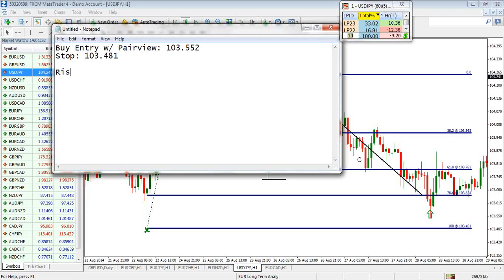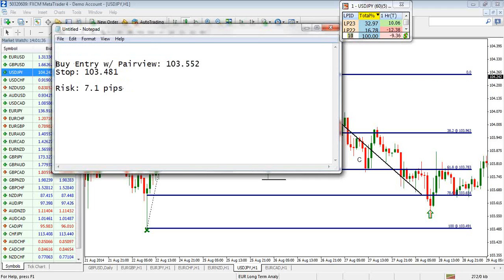The risk on this trade, even though it was off the 1 hour charts, was only like 7.1 pips. And your actual entry methods for this, you could have either used a buy entry with PitView, or you could have put it in as a buy limit at the 78.6% retracement.